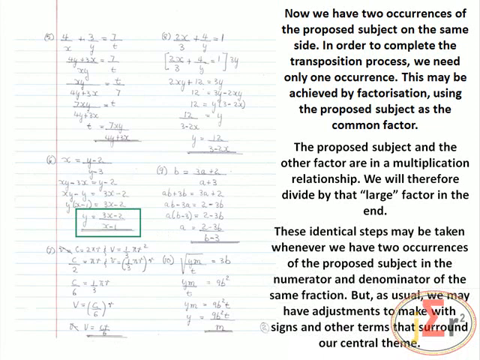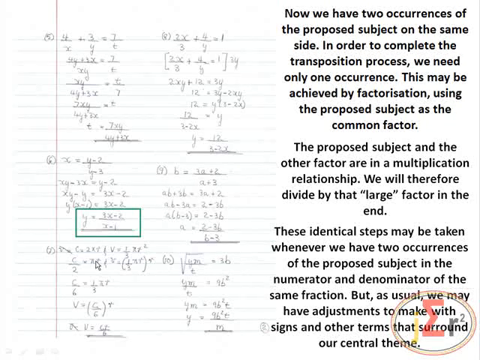These identical steps may be taken whenever we have two occurrences of the proposed subject in the numerator and denominator of the same fraction. But as usual, we may have adjustments to make with signs and other terms that surround our central theme.